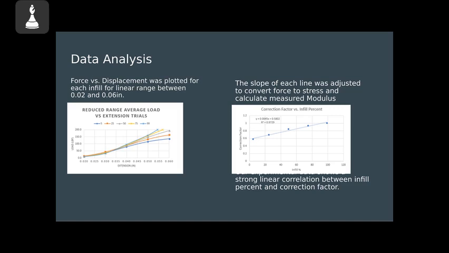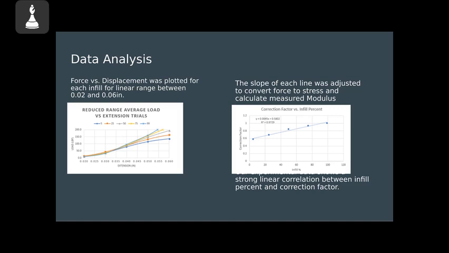That slope is in units of pound force per inch of extension. So we used the area and length of the sample to convert that into a stress per strain, which would give you a modulus.